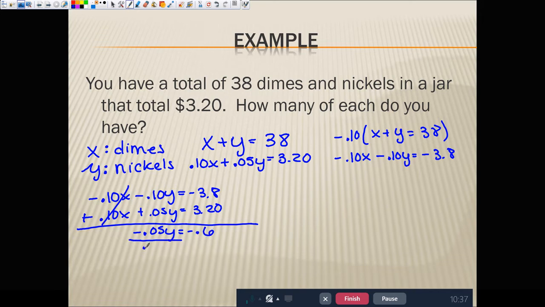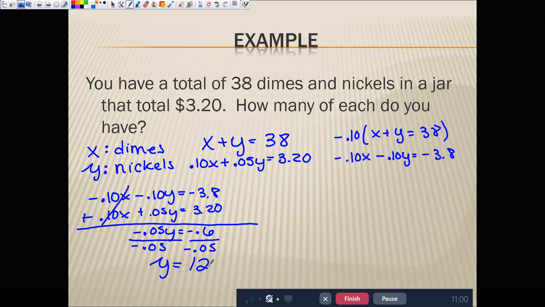Divide by negative 0.05. And what is my y equal? I have two negatives, so it's going to be positive. What's 0.6 divided by 0.05? 12.